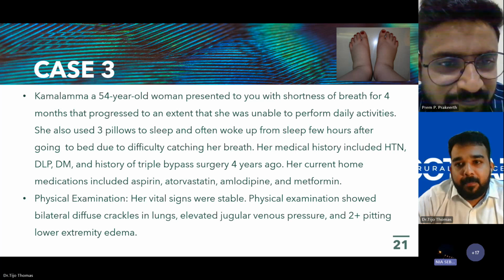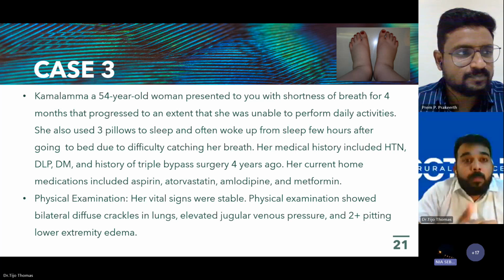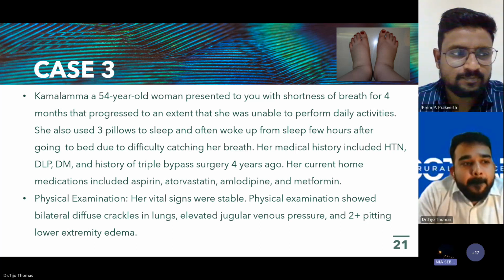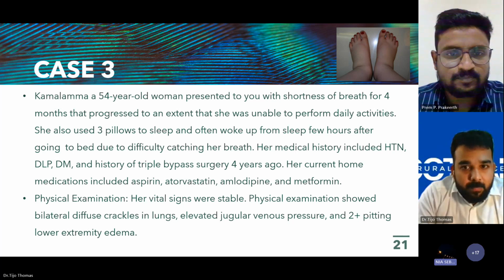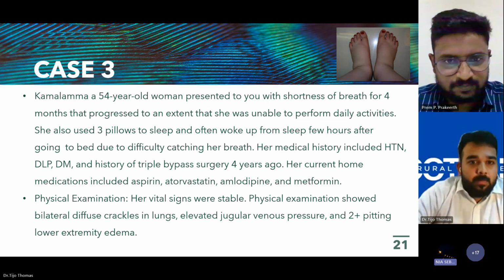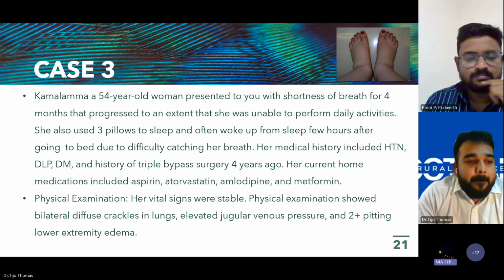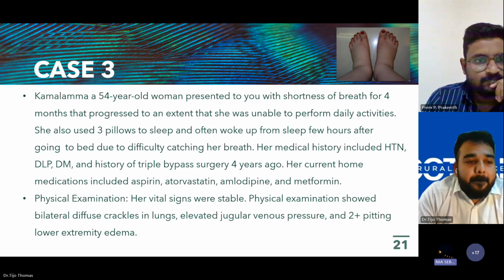Kamalamma, a 54-year-old woman, presented to you with shortness of breath for 4 months that progressed to an extent that she was unable to perform daily activities. She also used 3 pillows to sleep and often woke up from sleep a few hours after going to bed due to difficulty catching her breath. Her medical history included hypertension, dyslipidemia, diabetes, and history of triple bypass surgery 4 years ago.